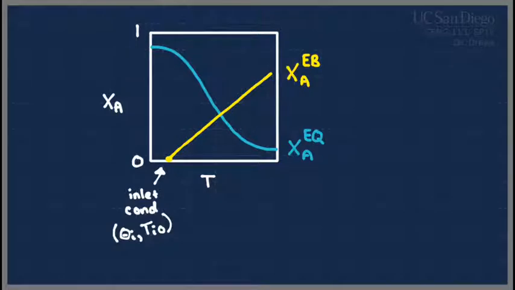And so this intersection point that you have here, this is your outlet of whatever reactor you happen to be running. I'm not saying it's the outlet of a plug flow or a packed bed or a CSTR, because this procedure holds regardless of what reactor you're using. Just keep in mind it has to be adiabatic.